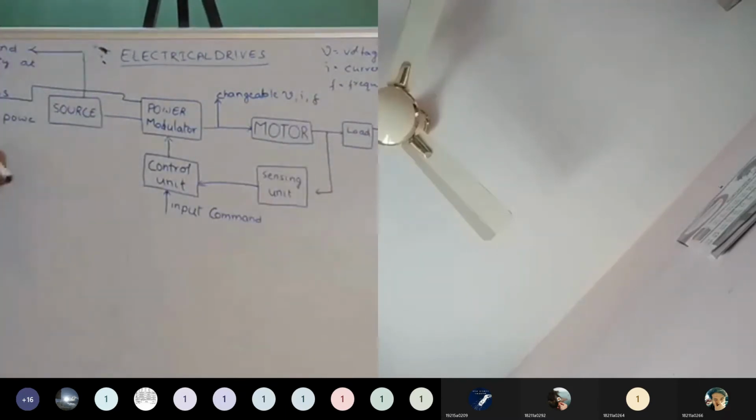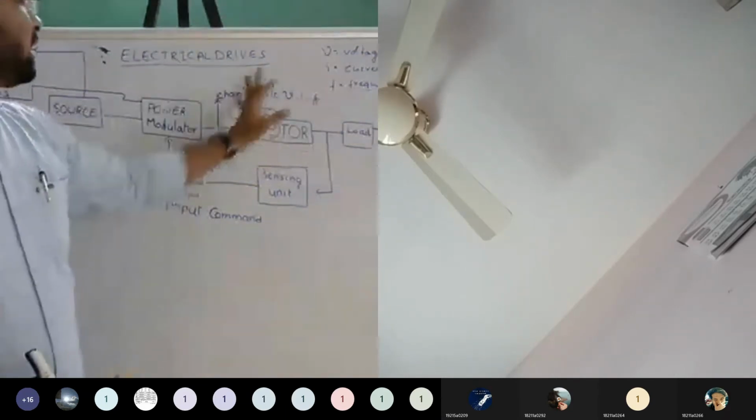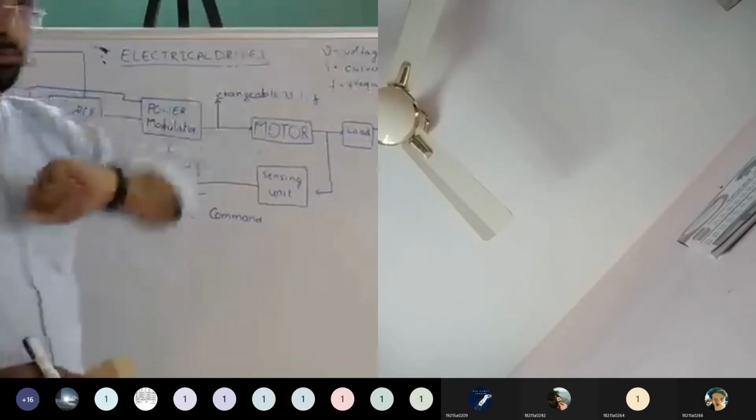So it will limit the power supply according to the load, speed, and torque characteristics. So this is limiting the power supply to the motor according to the load and torque characteristics by generating changeable voltage, current, and power supply.